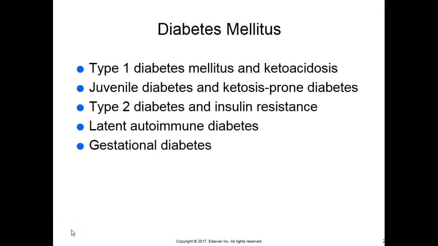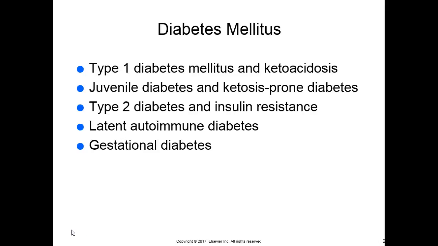If you take a look at page 860 in your textbook, there's a table 37-1 that discusses the clinical categories of diabetes mellitus and its characteristics. First, let's look at type 1 diabetes. This was formerly known as insulin-dependent diabetes, and it accounts for probably up to about 10% of all cases of diabetes.